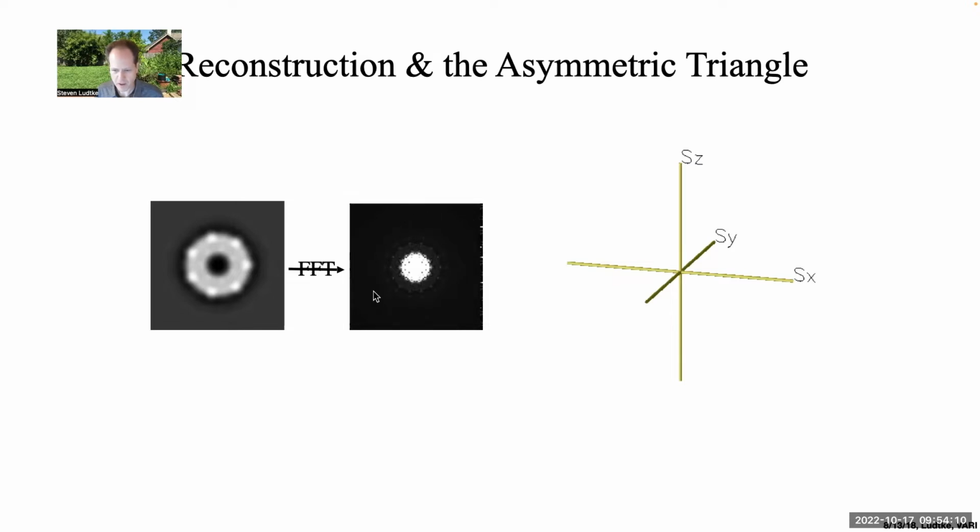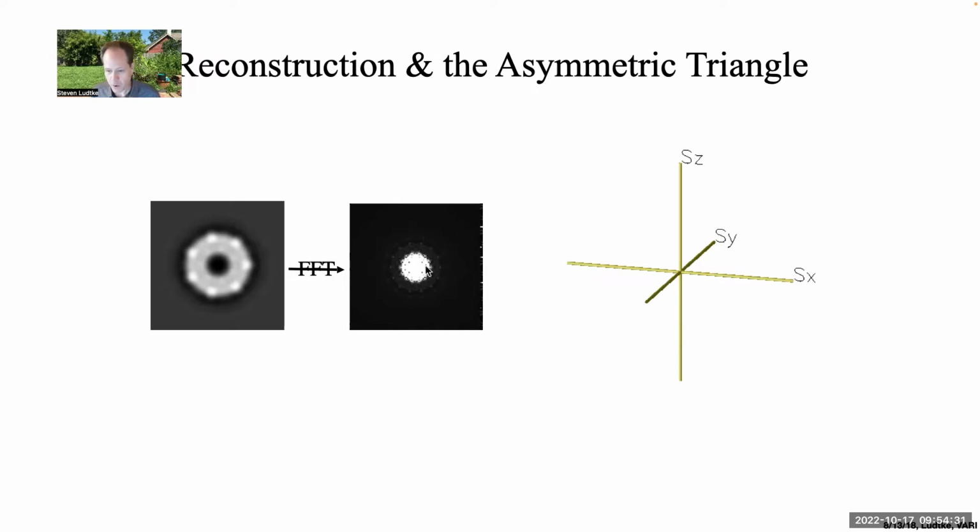And the direction in the Fourier transform is the same as the direction in the original image. So the high resolution features in this direction are represented here in Fourier space, and low resolution features in this direction would be represented by information down in here. That's my quick introduction to Fourier transforms.